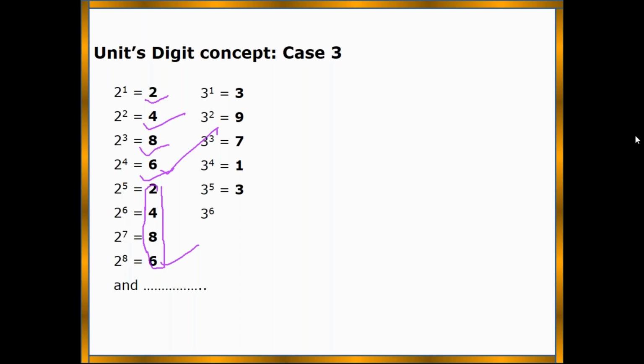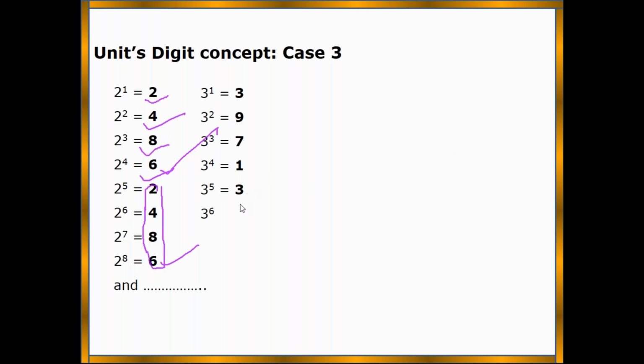3 power 3 into 3 means 3 power 3 is ending with 7, into 3, so 7 into 3 is 21. 21 is not the value of 3 power 4 directly, but 3 power 4 should compulsorily be ending with 1. 3 power 5 means 3 power 4 into 3: 1 into 3 is 3.